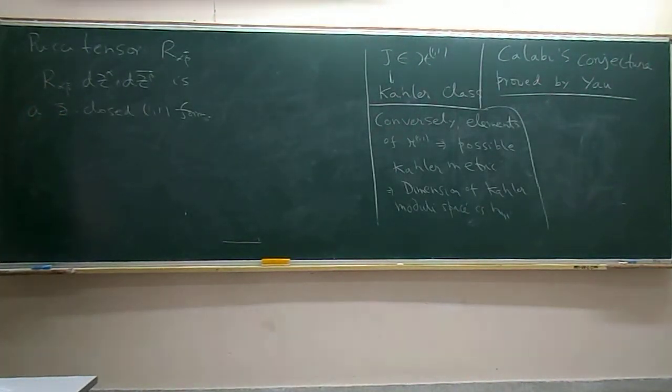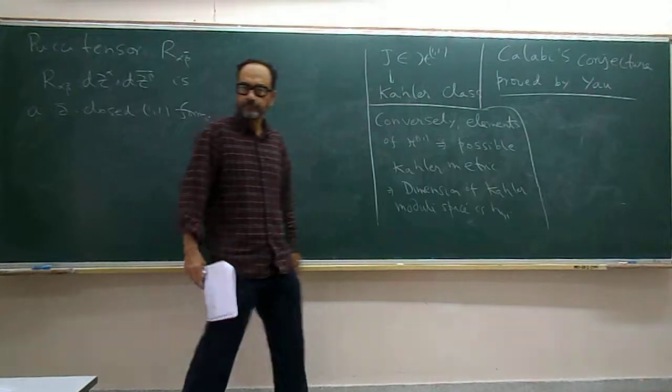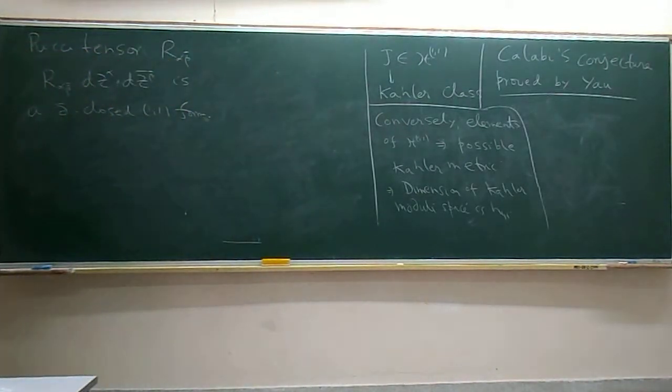Which also means locally that R alpha beta bar must have the form del alpha del bar beta of something.